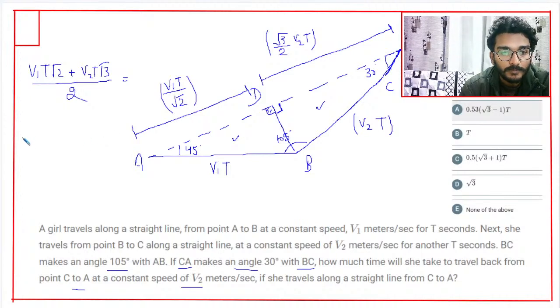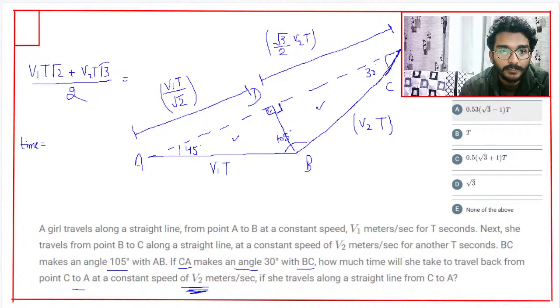So the time taken is how much? To find the time, I will divide this distance by v2. So when I divide by v2, yeah, I have to set up a relation to eliminate this v1, v2, and I can say this BD is common for both of them.